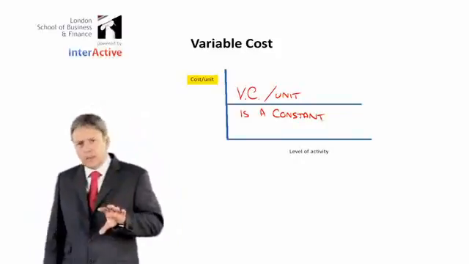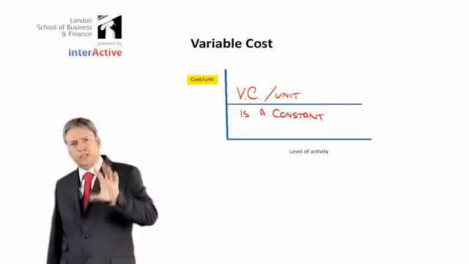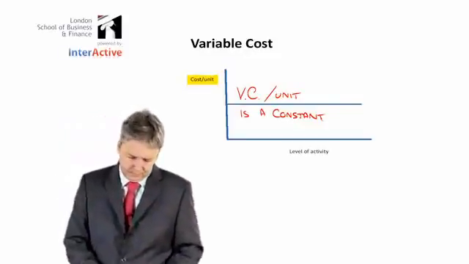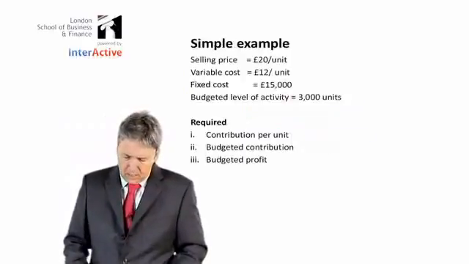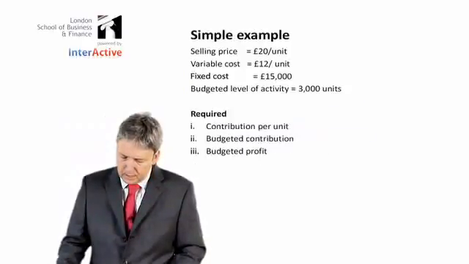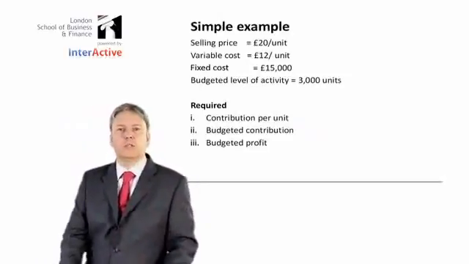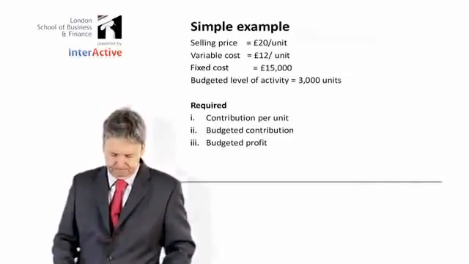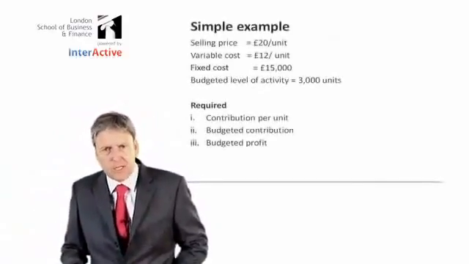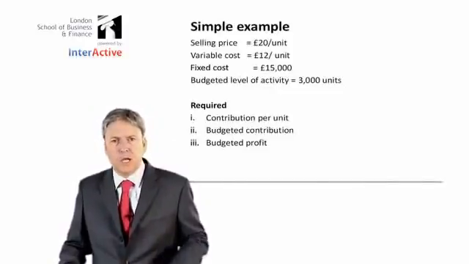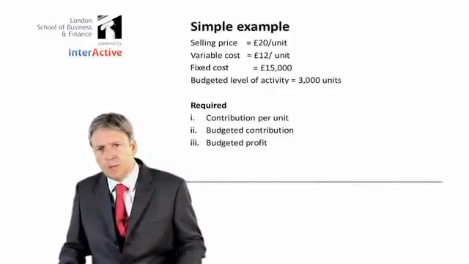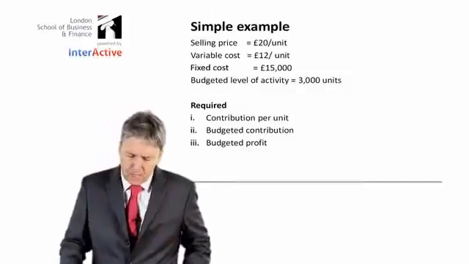So, looking at that cost behaviour, we've briefly discussed what variable and fixed are. Now let's look at a little simple example to illustrate how this all pans out. What I've got here is some simple numbers just to try and understand how we play around with these numbers and the sort of things that we may be looking to calculate.